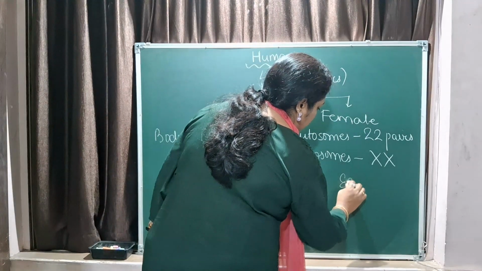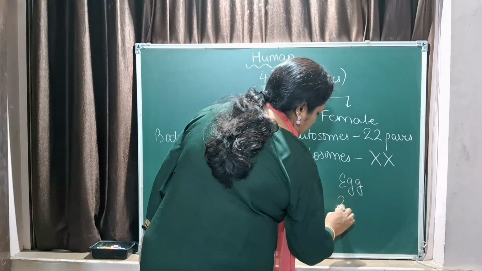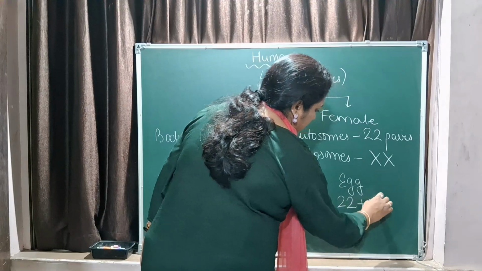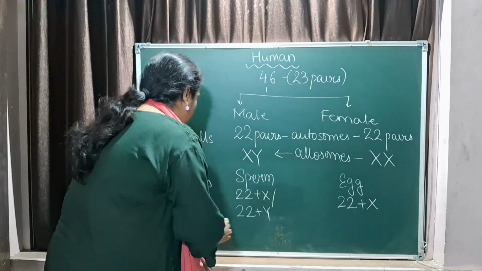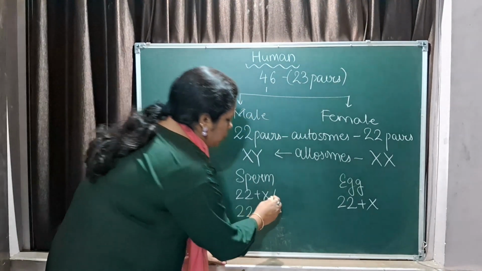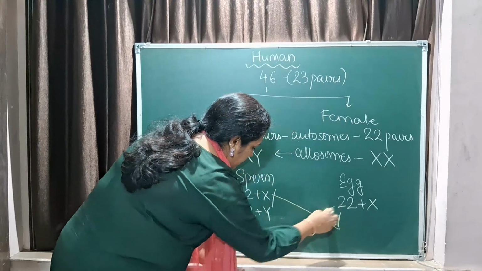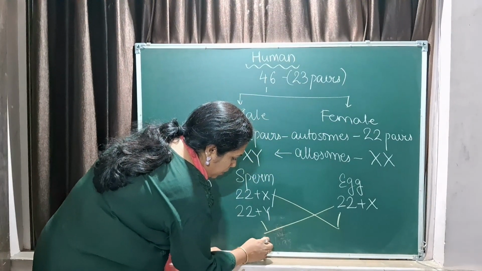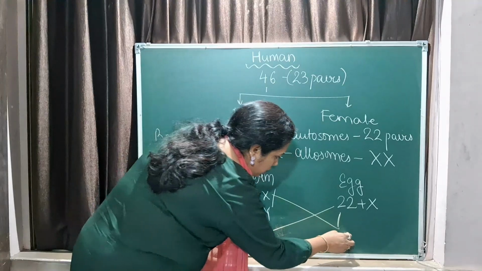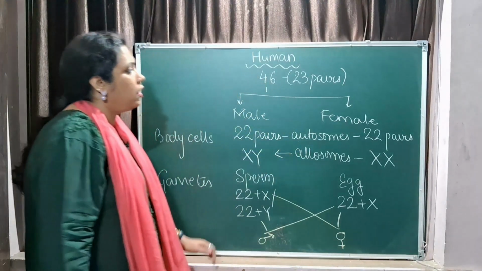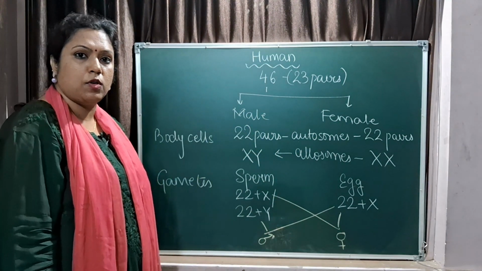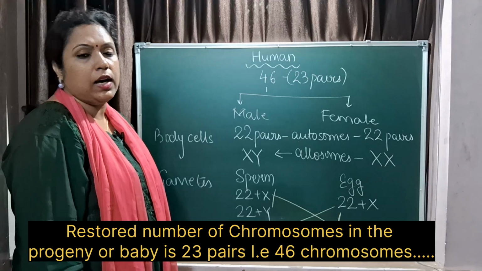Similarly, in the egg, the composition is 22 plus X. So depending upon which fusion takes place, the male child or the female child is born with the restored number of chromosomes, that is 23 pairs. I hope this is clear.